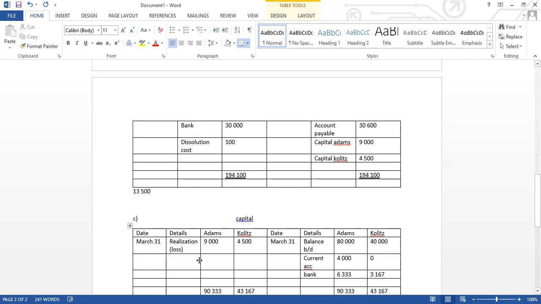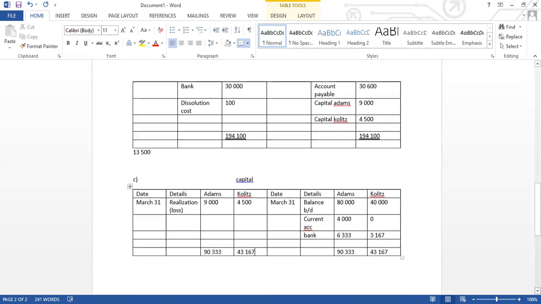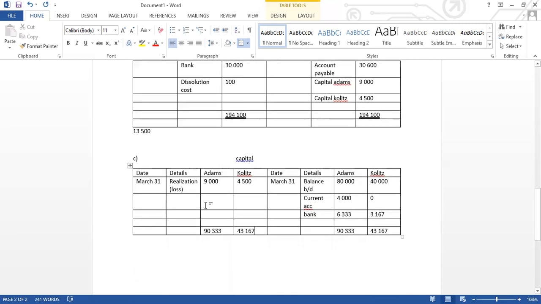Okay, so how much will they each receive? Adams is entitled to get how much? 90,000 minus 9,000 is how much? 81,333.